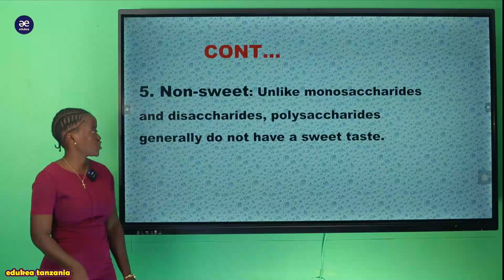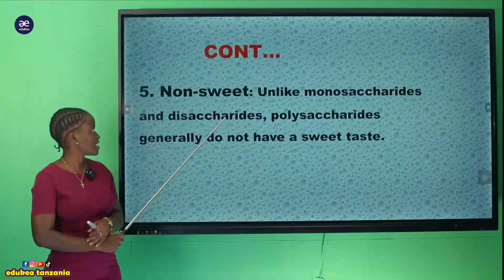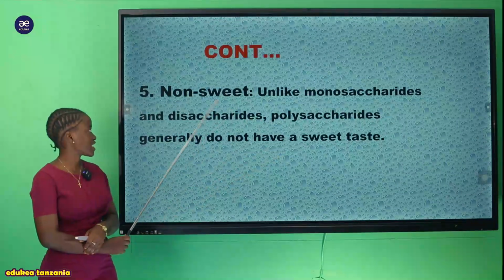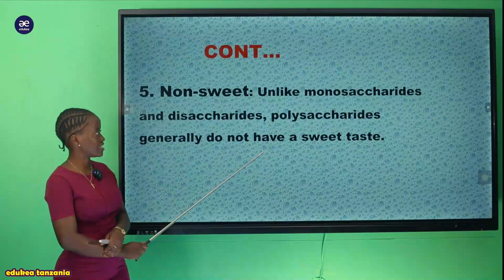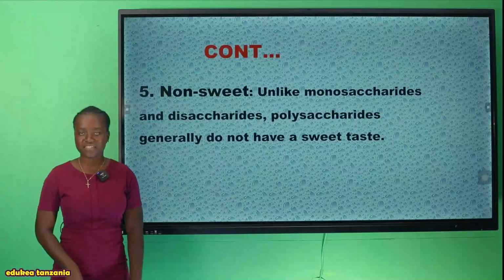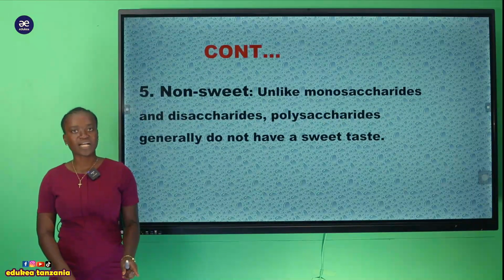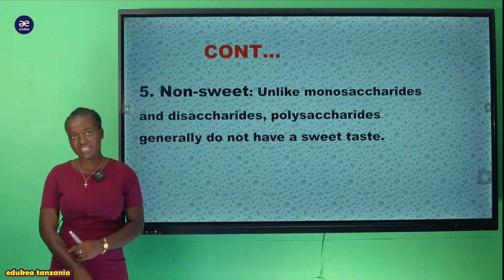Another feature of the polysaccharide is that they are non-sweet. Unlike monosaccharides and disaccharides, polysaccharides generally do not have a sweet taste. While we were discussing the disaccharides and monosaccharides, we saw that all of them are sweet in taste.